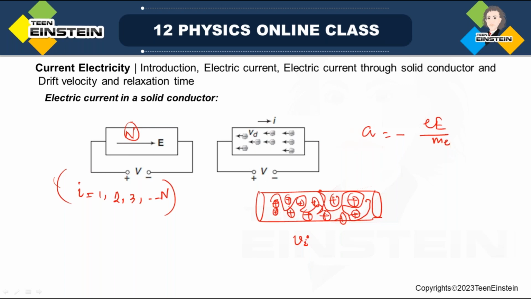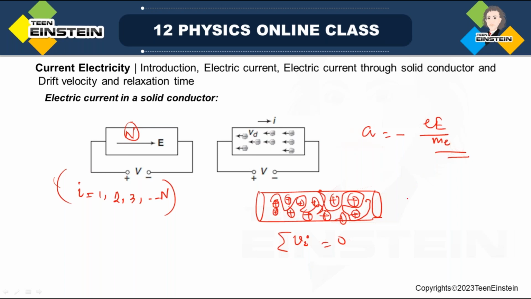If I take the average of this, it will be 0, because this is random velocity. Now we have this acceleration, and the initial velocity vi is already there. Due to this, it will move in a straight line.